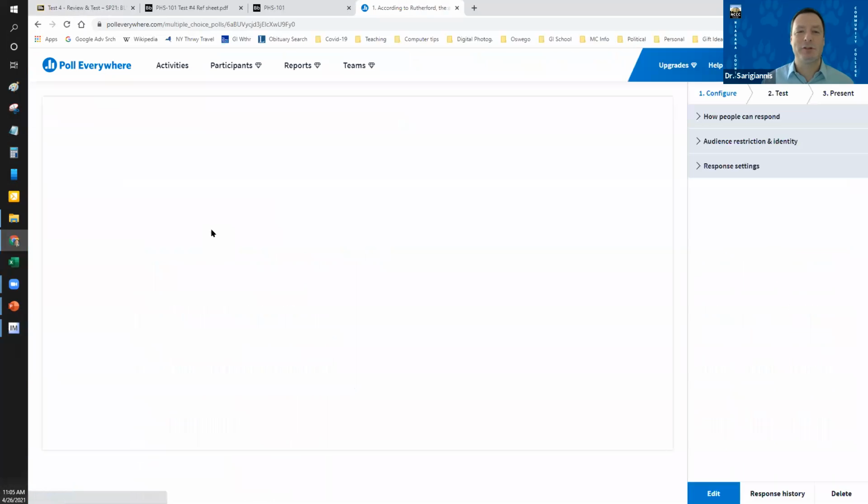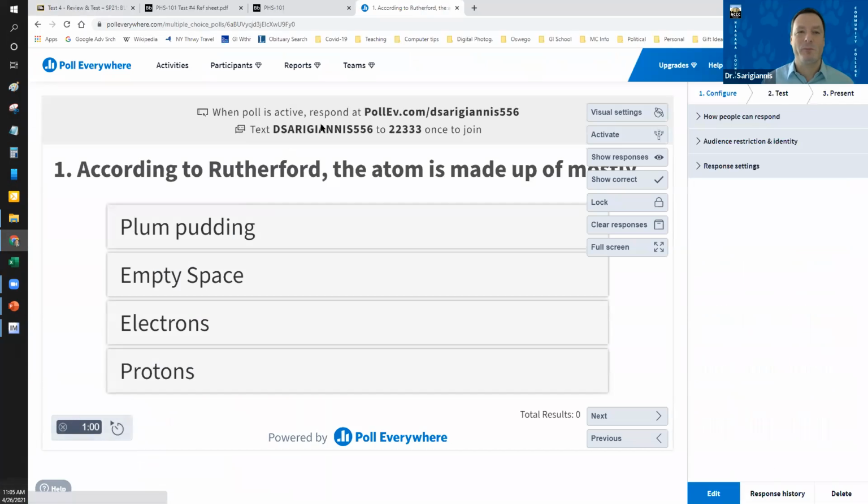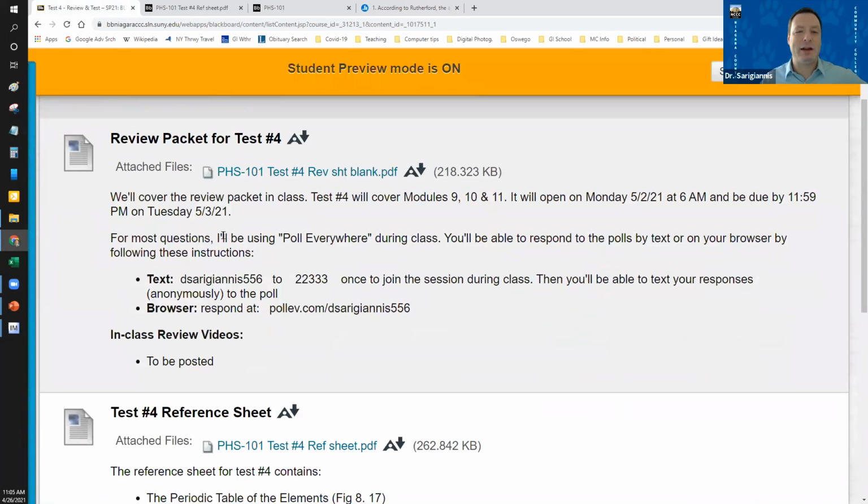Remember, for Poll Everywhere, you can join by going to this link, pollev.com/dsarajonis556, or you can text the number 22333 and text D Sarajonis 556 to that number. So why don't you go ahead and join the poll? Those instructions are also located here in the folder.